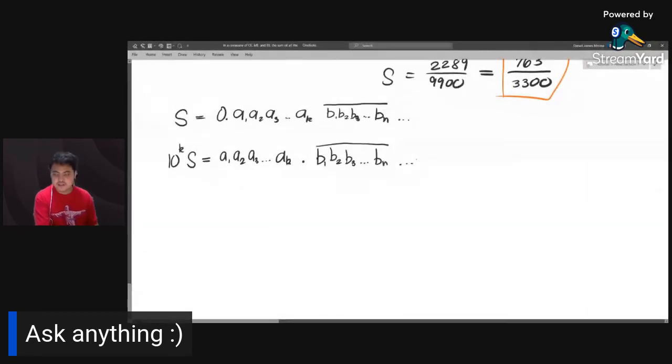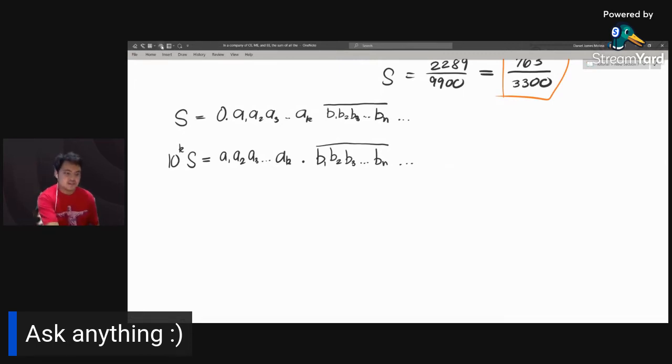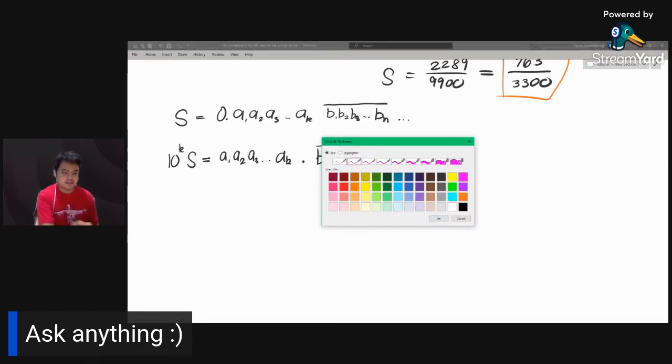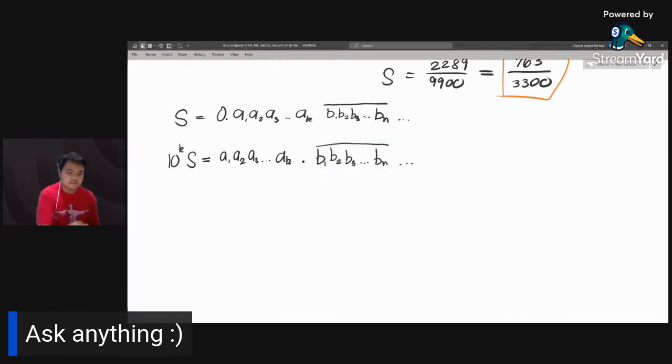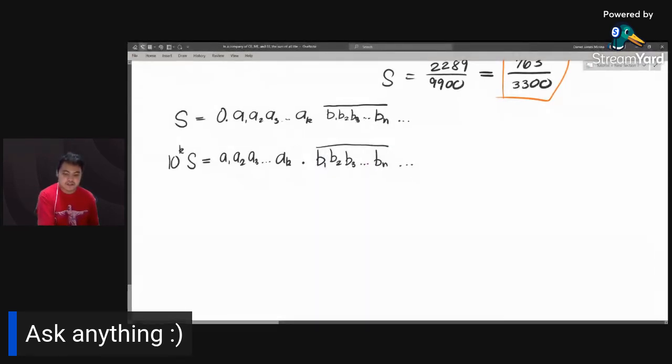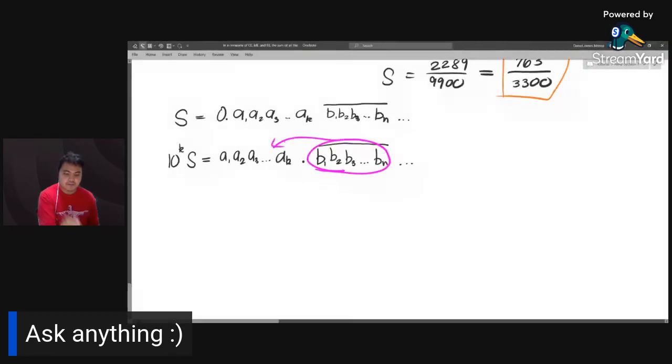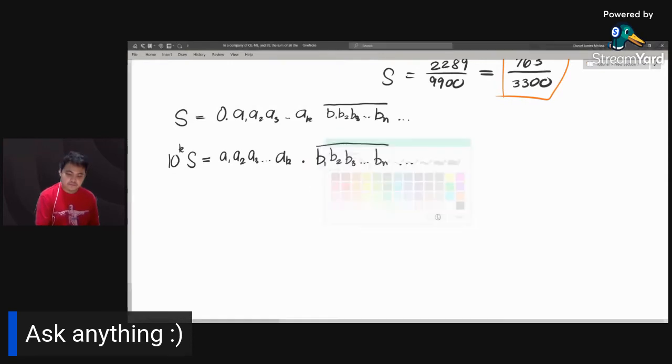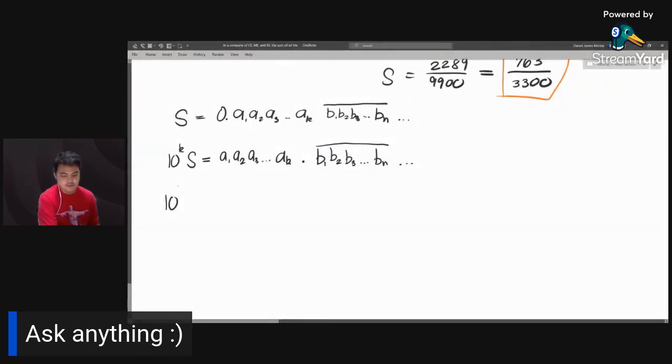Minultiply ulit natin, pero ang imumultiply natin ngayon ay yung power ng n, wherein yung isang string ng nauulit na decimal mapunta dito sa kabila. So, 10 raised to k plus n na siya, kasi times 10 raised to n.